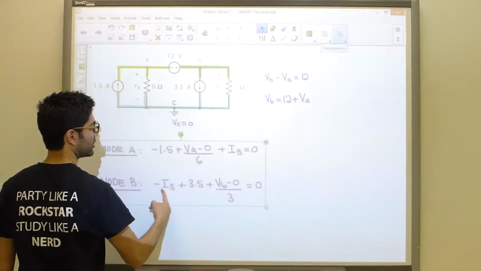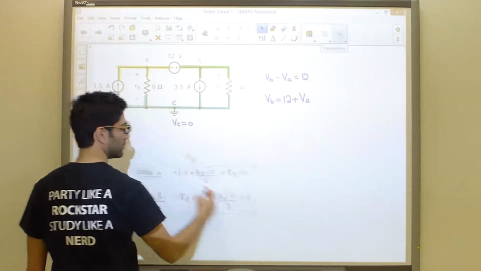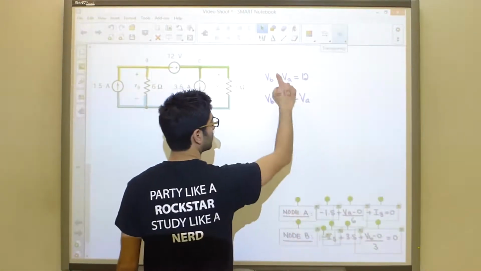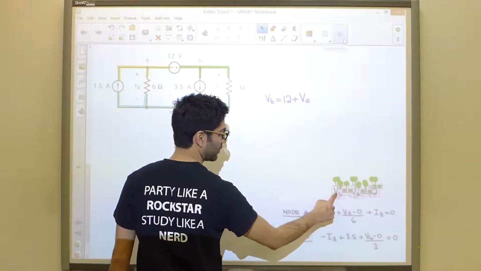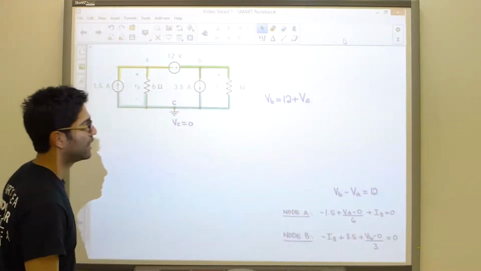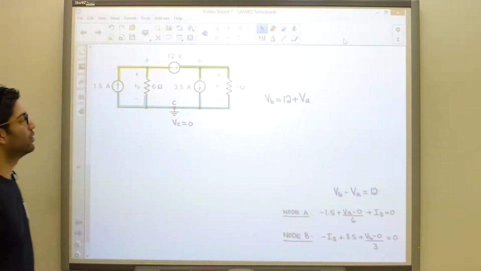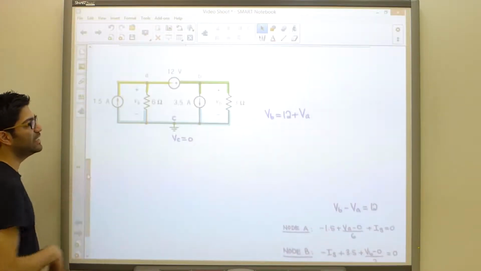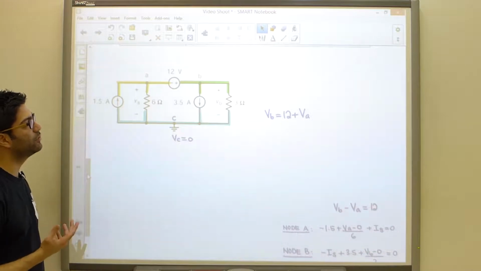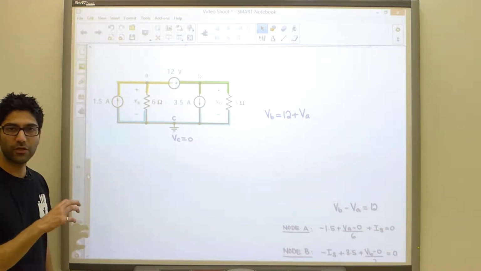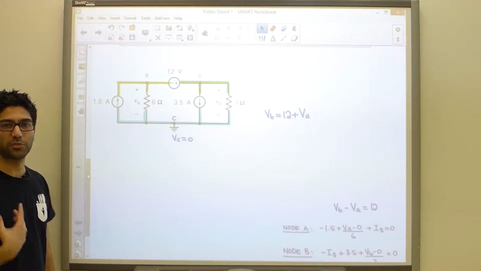I'm going to put these equations away for now. So these are the 3 equations we kind of had. Now what the supernode does is that it is going to engulf the voltage source that causes problems.